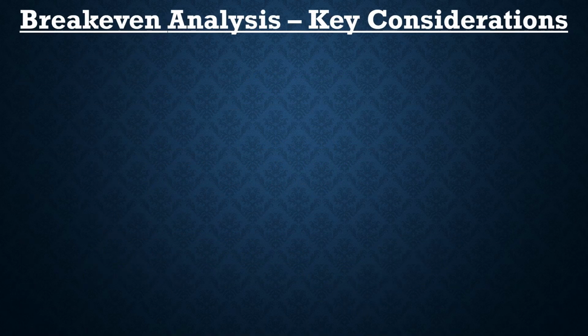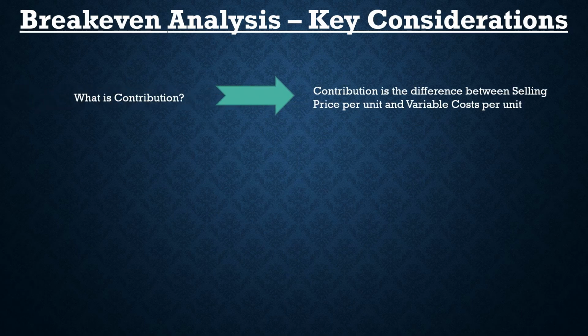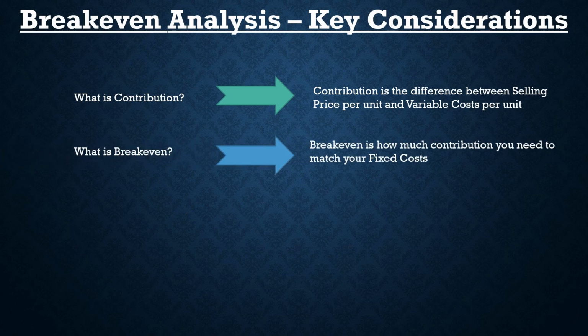With that, we can lay out the key considerations when it comes to break-even analysis. What is contribution? Contribution is the difference between selling price per unit and variable costs per unit. When is break-even? Break-even is how much contribution you need to match your fixed costs.